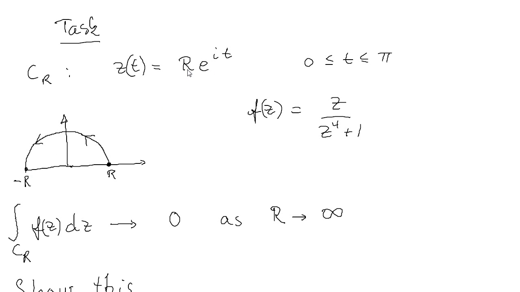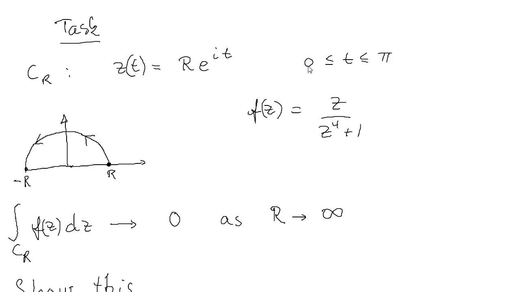So we have seen earlier that a circle can be described by the exponential function of it multiplied with some capital R, which is the radius of the circle. So to just have a half circle, we only need to go from t equal to 0 to pi.